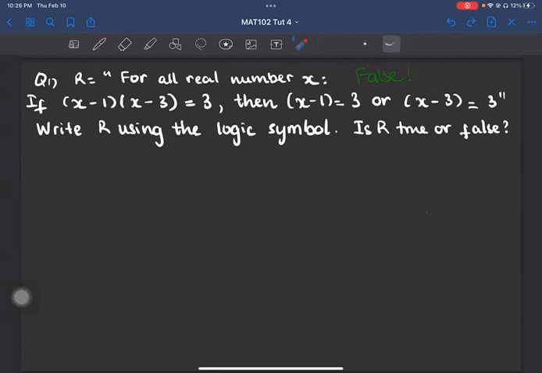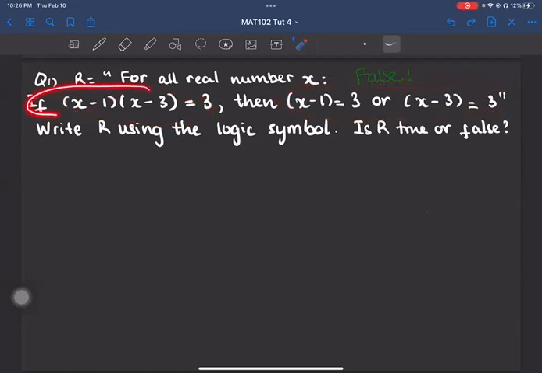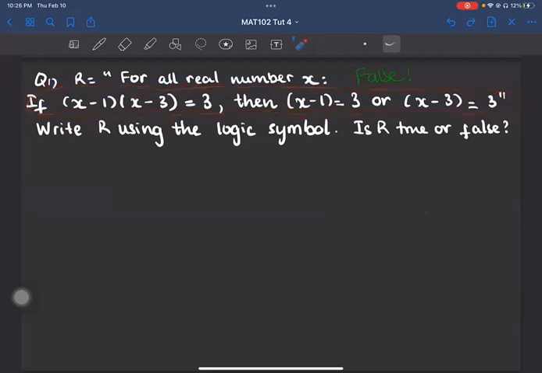So we have a statement R: for all real number x, if this, then this. And we want to see if this statement is true or false. Remember, the implication here has to be true for all real number x in order for the statement to be true. So we will first write R using logic symbols. We have for all, which is the symbol here.